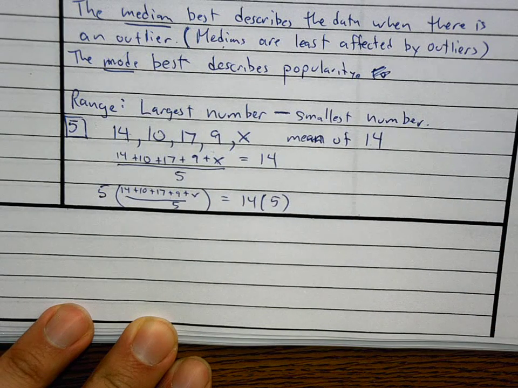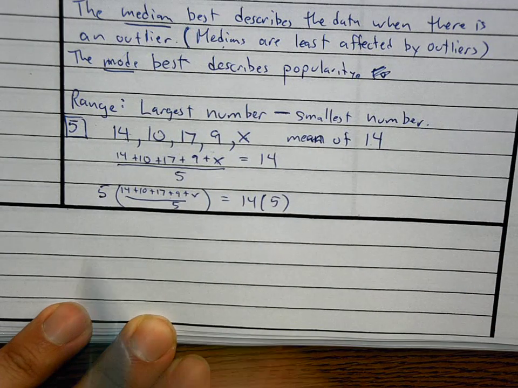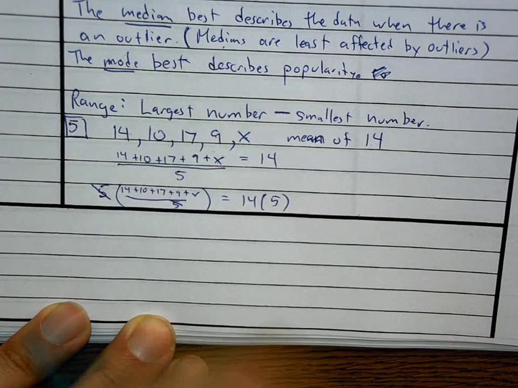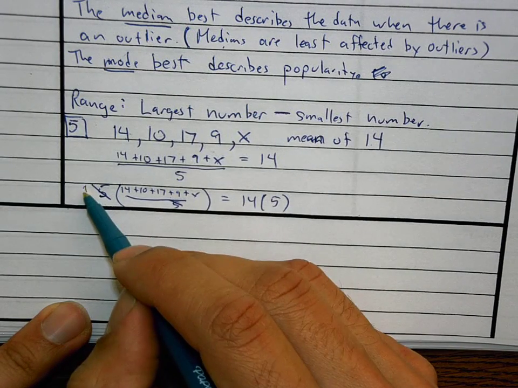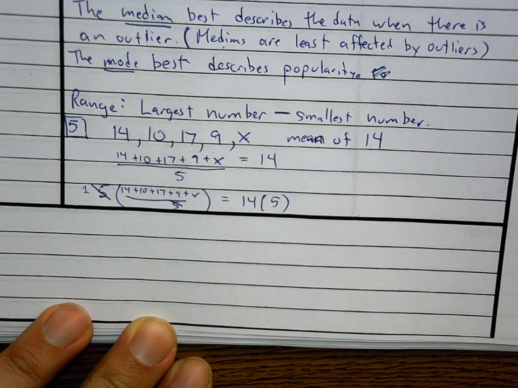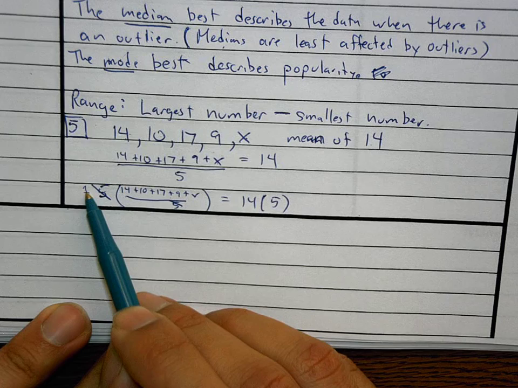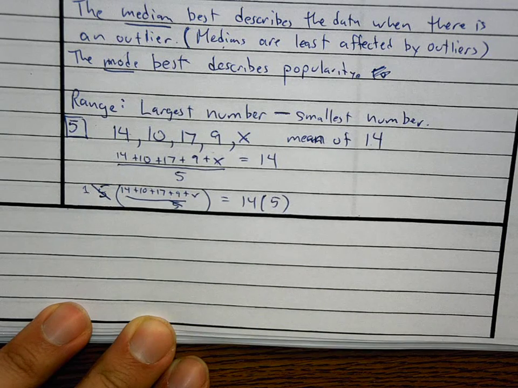What will happen is that the 5 divided by 5 reduces, goes into each other one time. They cancel each other out, or reduce to 1, and 1 times anything is itself, so we don't need to write the 1.